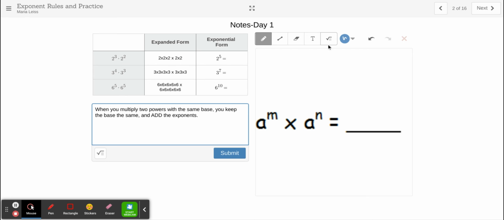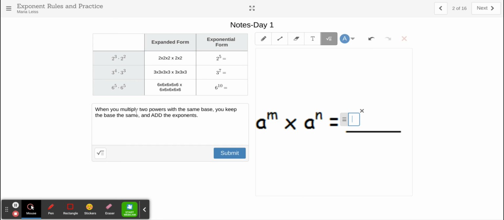Now, over in this box, we're going to put our high school hats on. We're going to use this rule to rewrite this so that it looks like an algebraic expression that would work for any number. Up here at the top, you see these different things. I'm going to click the one that says math when I hover over it, and then click down in this box.